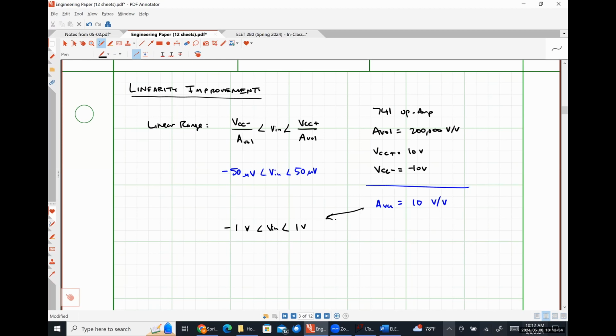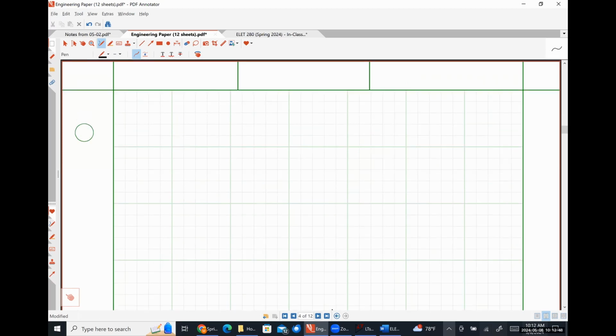All right, so we have talked about numerous different properties of negative feedback. Let's now talk about types of amplifiers. Okay, and this is how we are going to classify things.